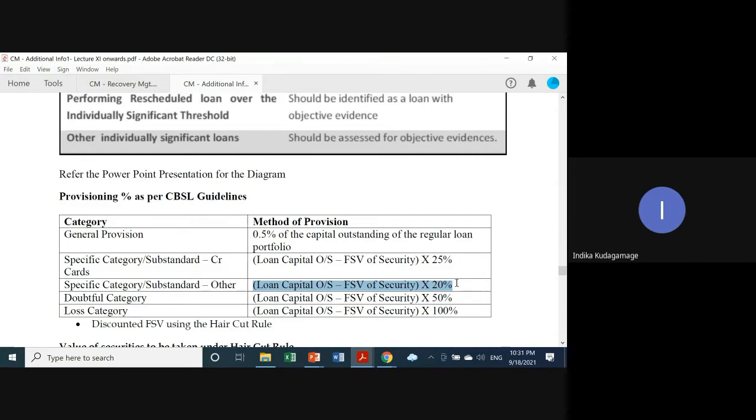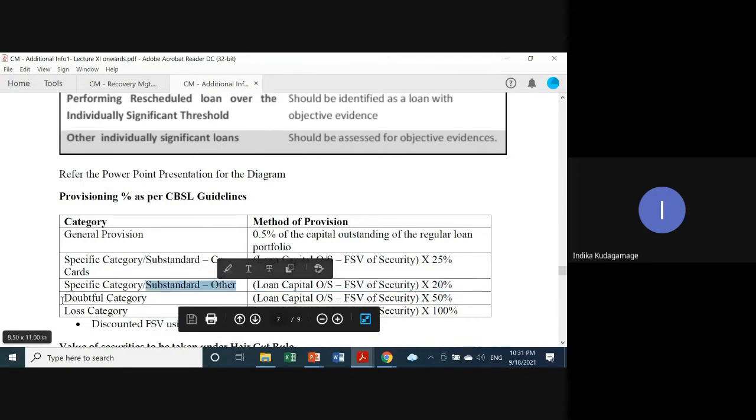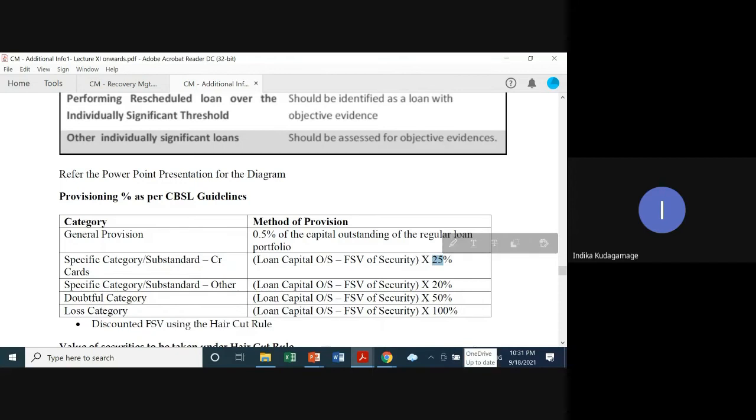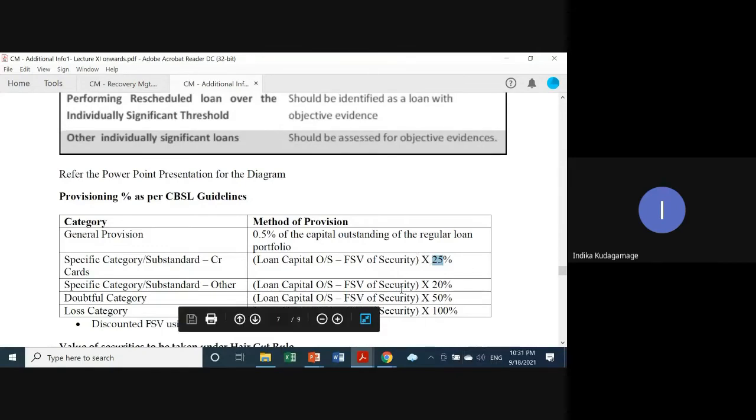If it is doubtful, capital outstanding minus FSV into 50%, right? If it is a credit card, 20 increases to 25%. Why? Credit cards are normally clean facilities, so 25% for high risk. Then we come to the loss category.